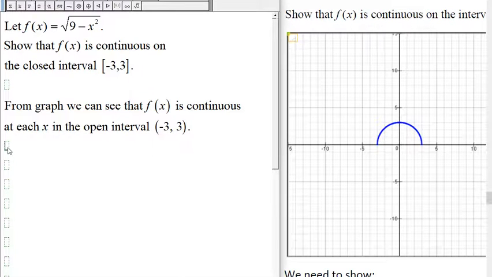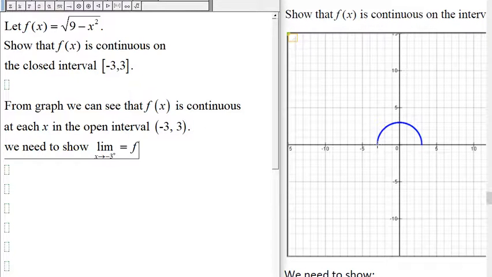And so we need to show that the limit as x approaches negative 3, this is negative 3 right here, and we are approaching negative 3 from the right, of f of x, must equal f of negative 3.